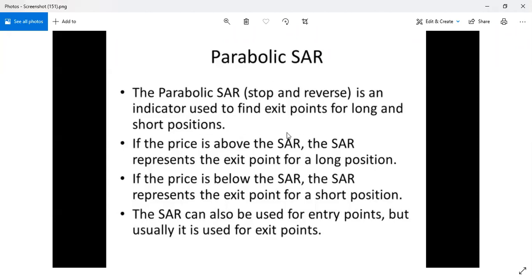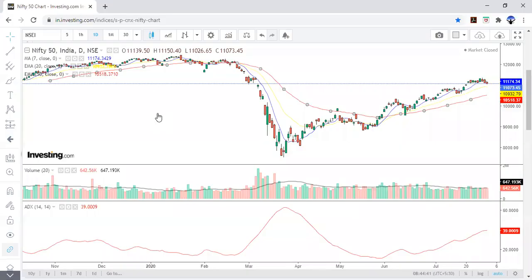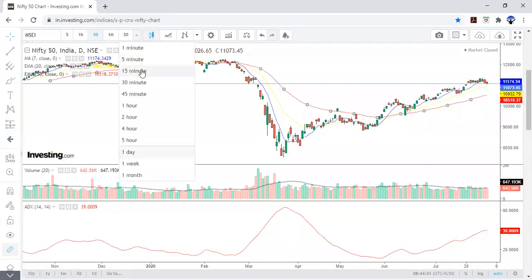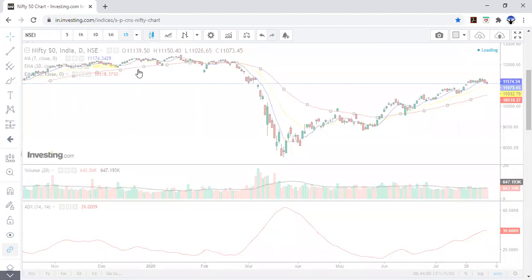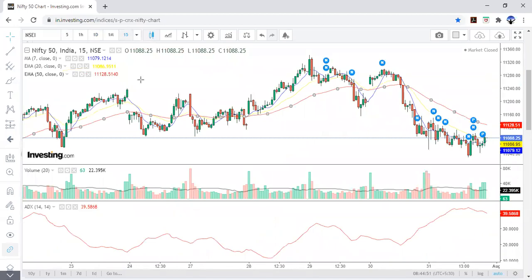Now let's see the chart, then you can identify it. Now, in the same situation, I have taken the 15-minute chart because generally on intraday it will be best.